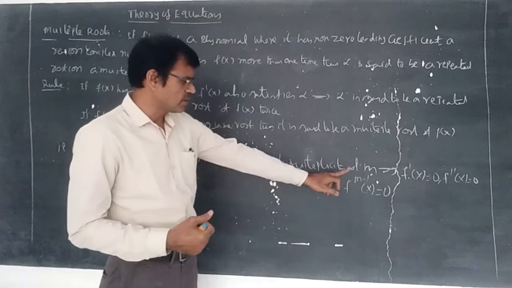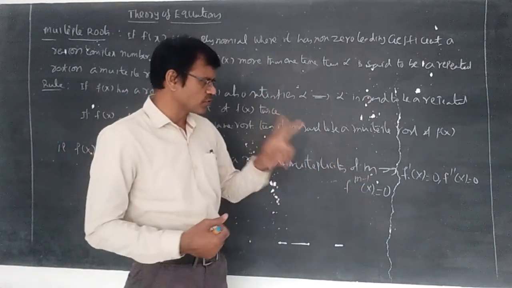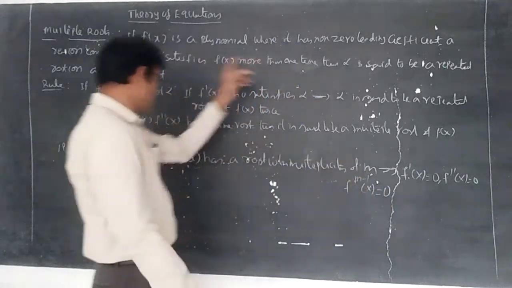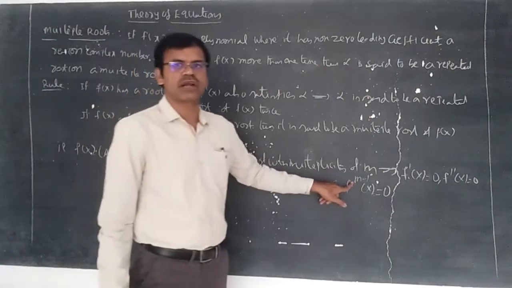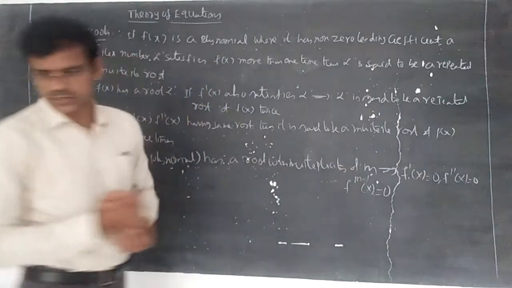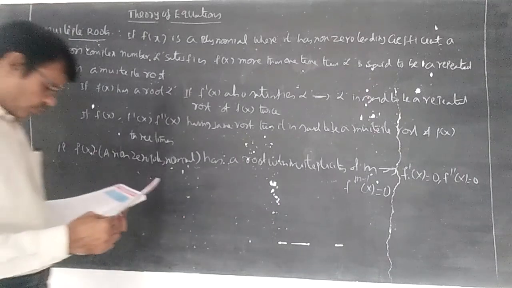Just one reducing: f dash is 2 times, but f power m minus 1 means m times repeated. As a rule it is called multiplicity of m. That's all. So to calculate the multiple root, let us discuss an example.